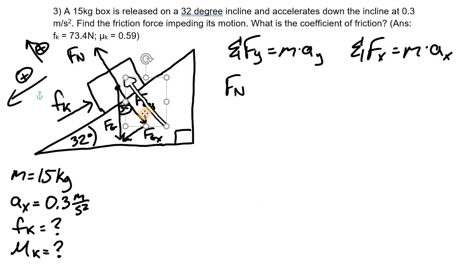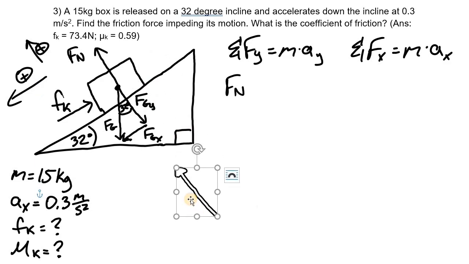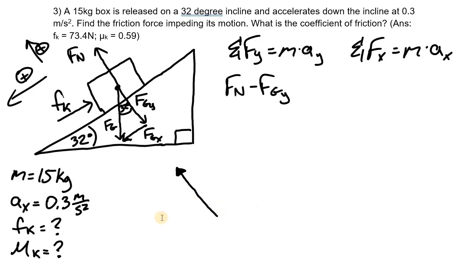Oh, I see that in this direction we have FGY. So we have minus FGY. Is there anything else? We're going to scan. No, nothing else, right? Just FN and FGY. Question for you. Is the box moving in this direction whatsoever? No, right? It's sliding down. So that being the case, what's the value of our AY? 0 times any number is equal to 0.